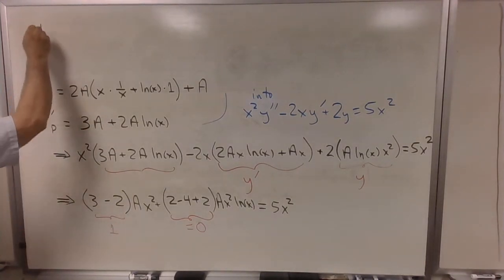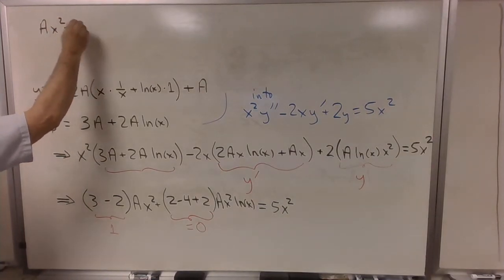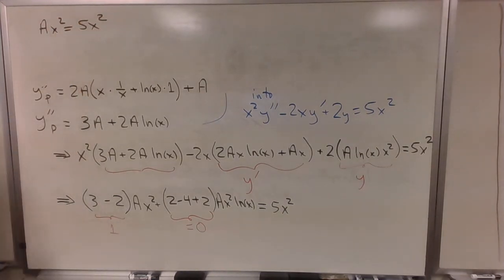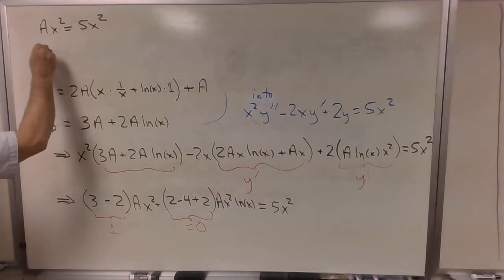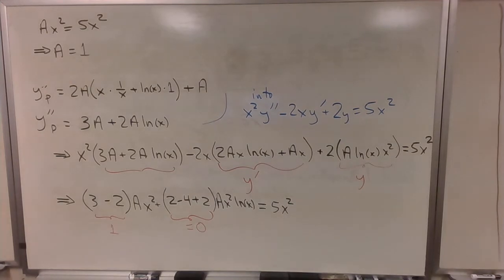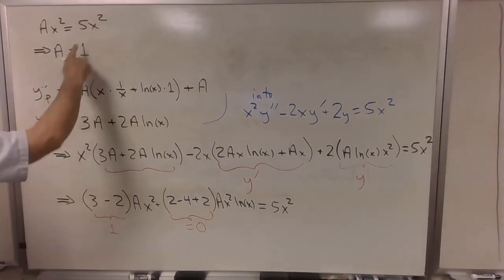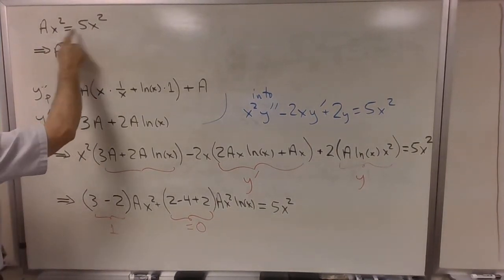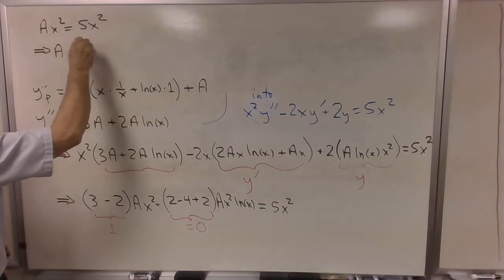So that is ax squared equals 5x squared. So a equals 1, I hope. Let me go back and see what my notes say. My notes say I'm an idiot. Ax squared equals 5x squared. Yeah, let's see. A and 5, they must be the same. Okay.